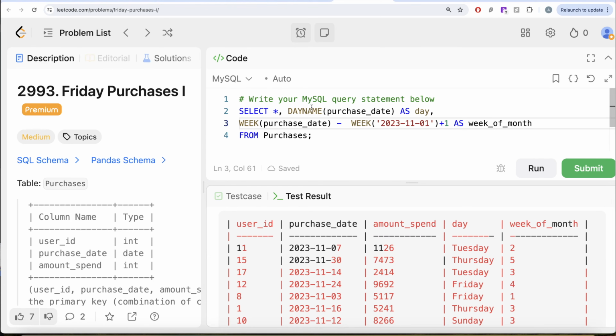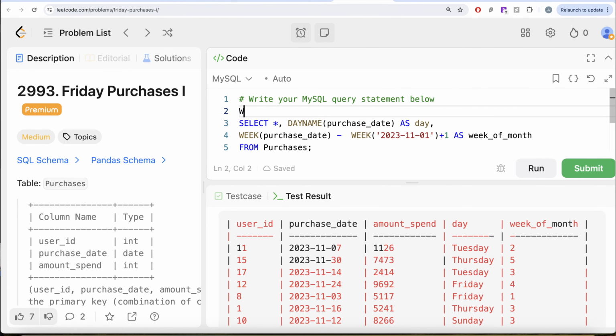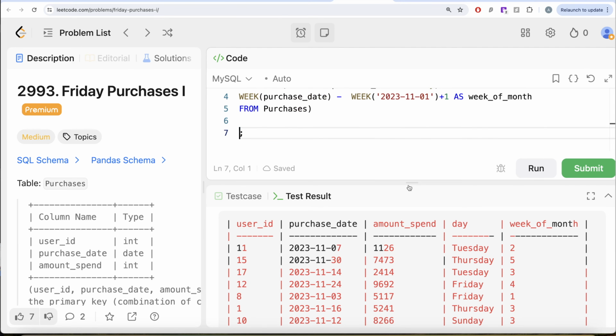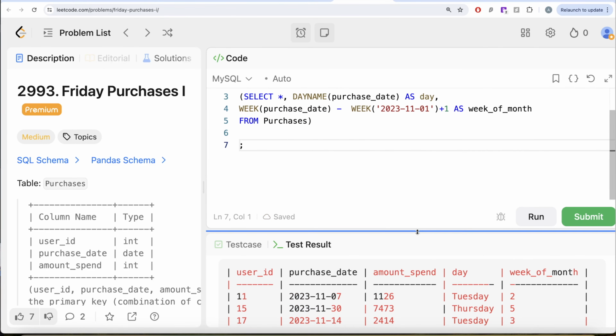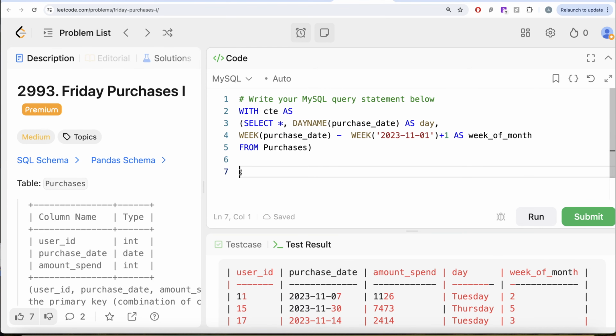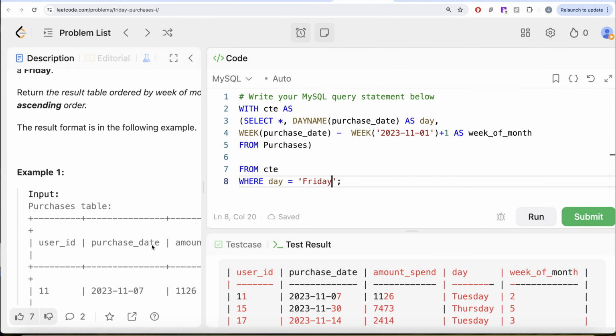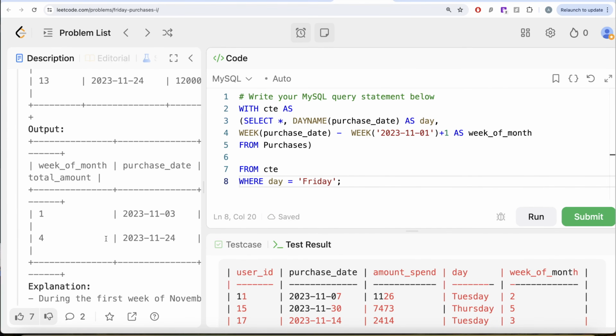week of the month. What we can do is save this in a common table expression. So WITH CTE AS, and then this entire thing goes into parentheses. Then our question says we are only concerned about Fridays. So from this common table expression, keep only those rows where day is equal to Friday. And then for every week of the month and the purchase date, we need the total amount spent.